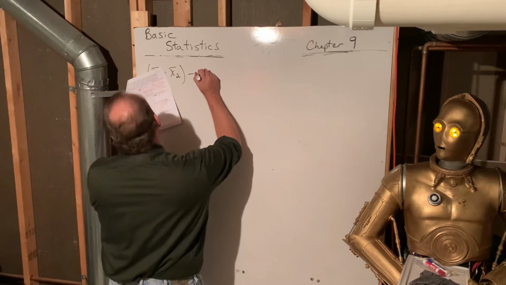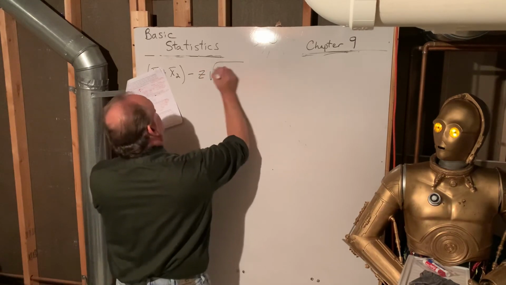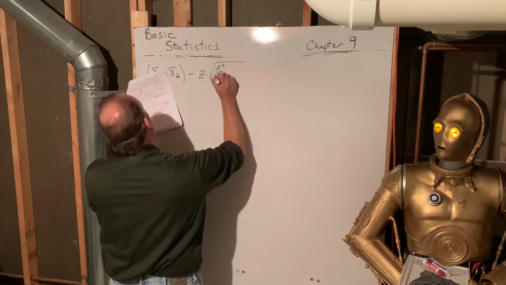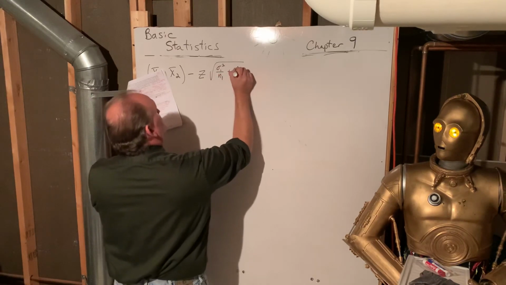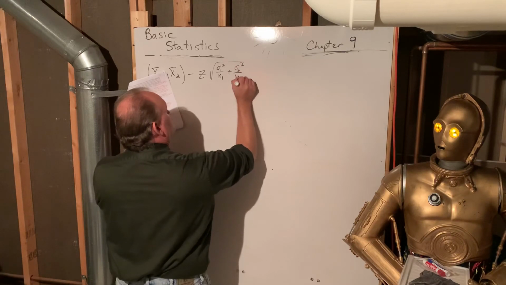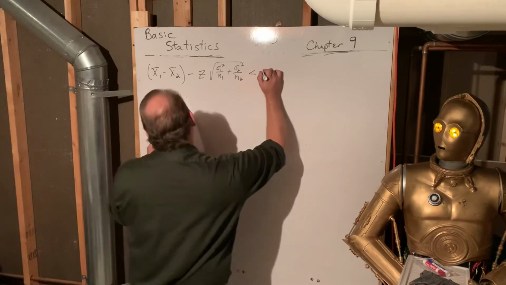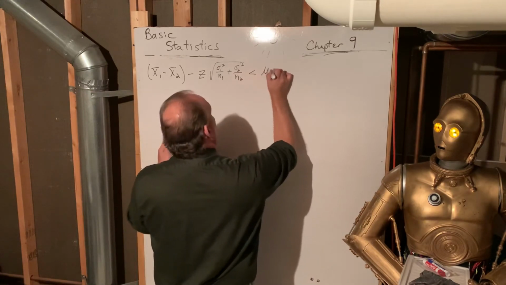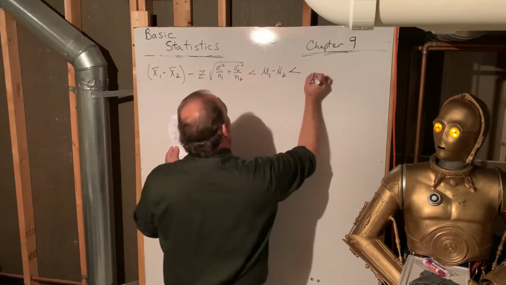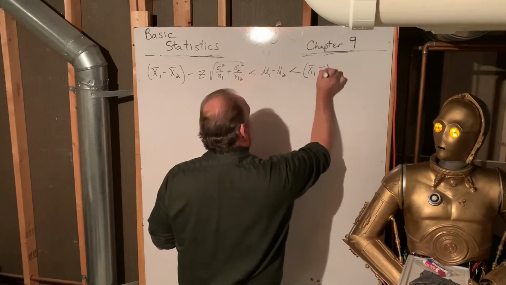So then z times the square root of sigma squared 1 divided by n sub 1 plus sigma squared 2 divided by n sub 2. And so this is the margin of error. The middle part is mu1 minus mu2, and then it's x bar 1 minus x bar 2 again.